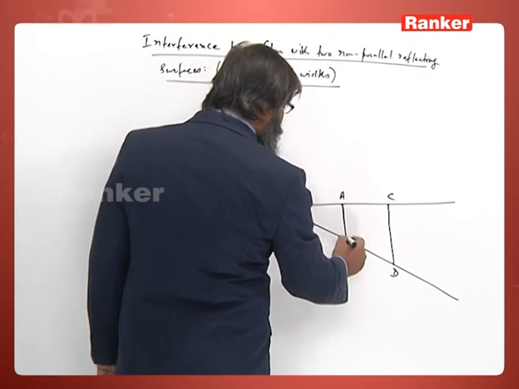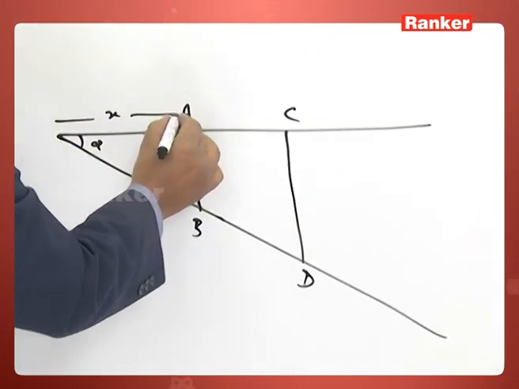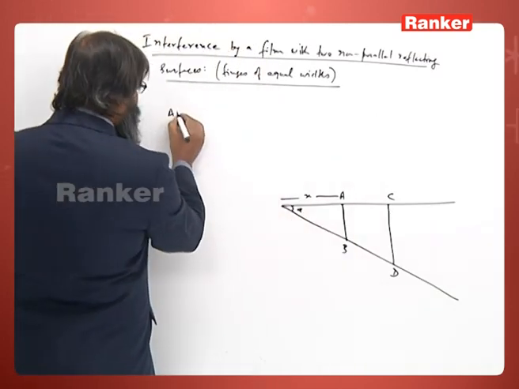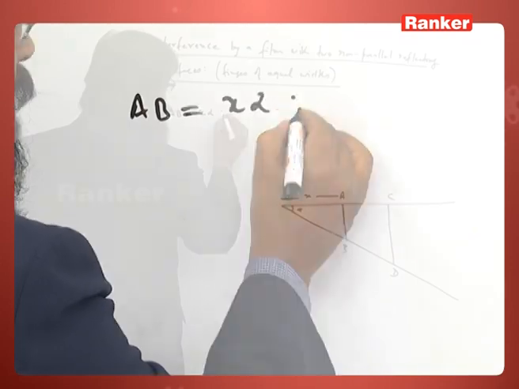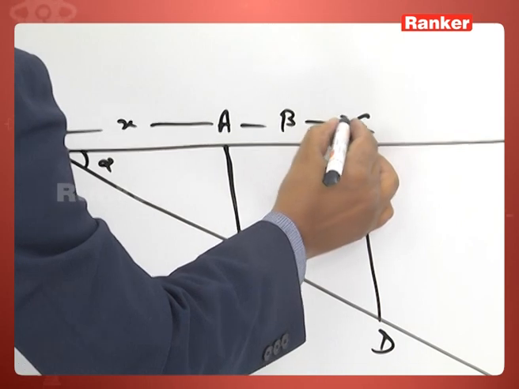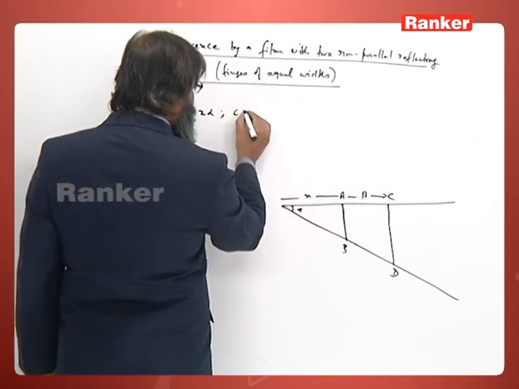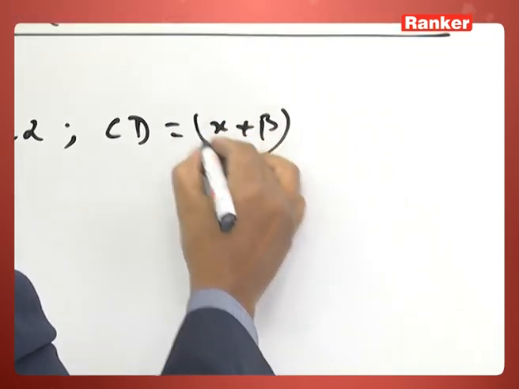Suppose I call this distance as x. So AB is equal to x alpha, and suppose we call this as beta. So CD will be x plus beta, alpha.